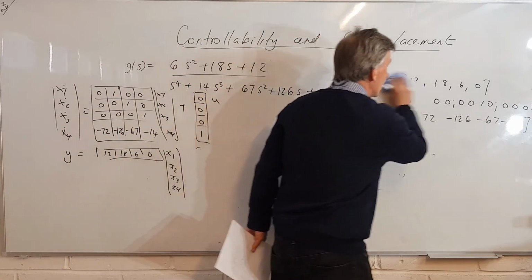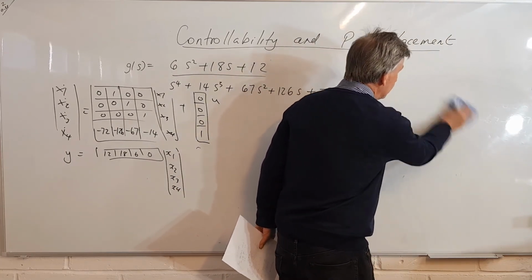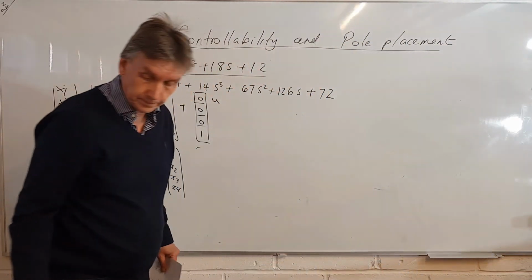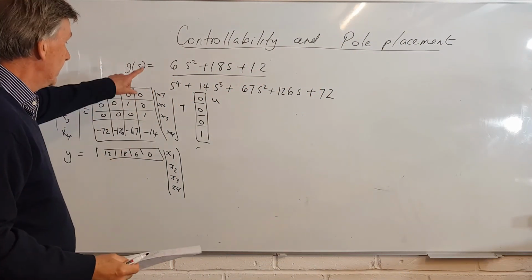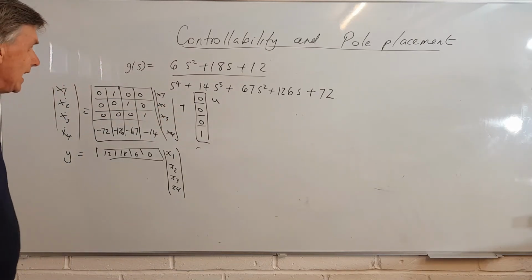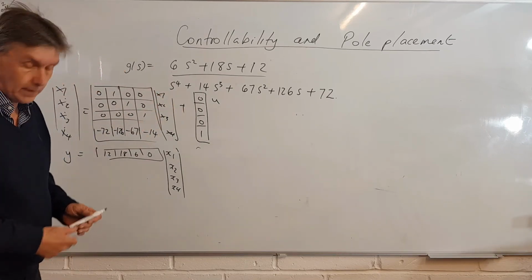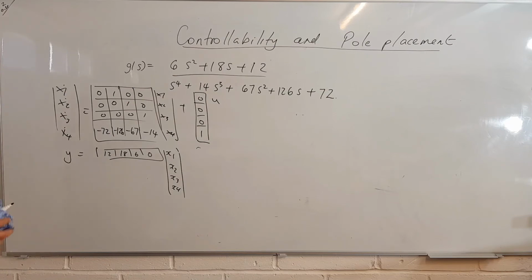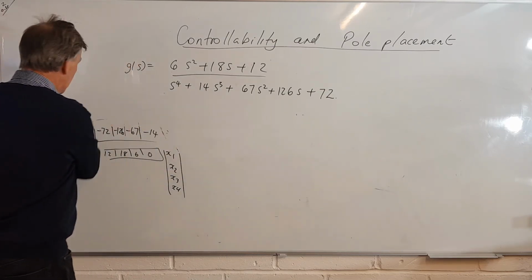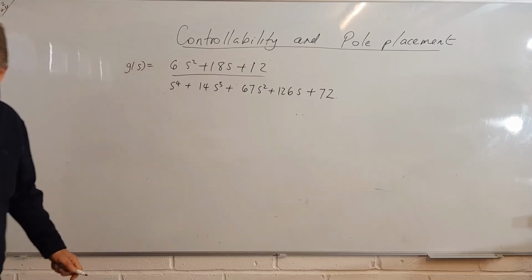So what that's shown us, because the determinant came out as 0, is that the system has a pole zero cancellation. Now, we might be able to work out where the pole zero cancellation is, but this is not always straightforward, because it would involve factorising these two polynomials.